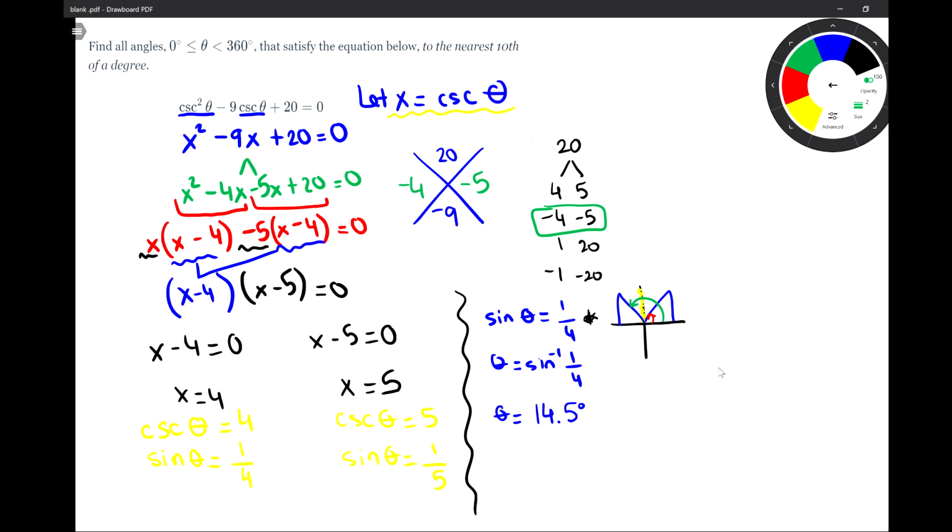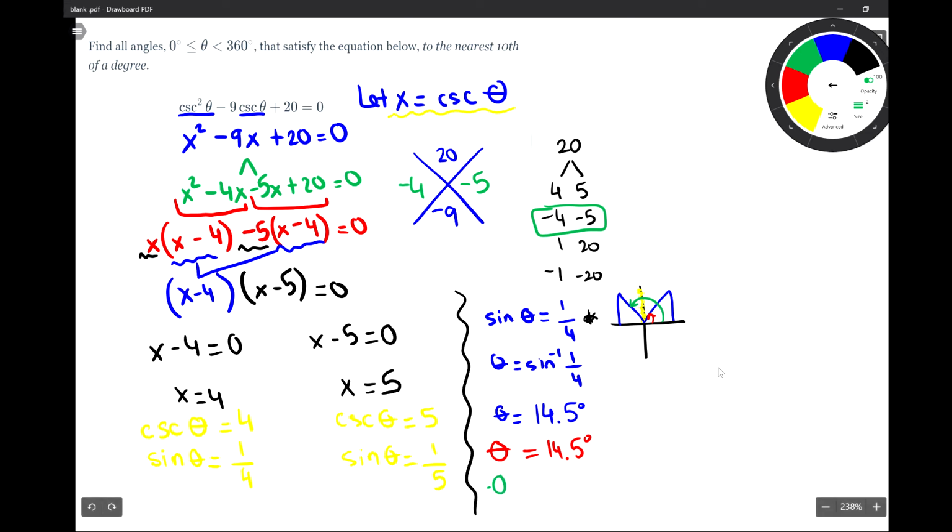Okay. So the red angle is in the first quadrant, and the reference angle is 14.5 degrees. In the first quadrant the reference angle is equivalent to the original angle, so my red angle is also 14.5 degrees. Now my green angle is in the second quadrant.